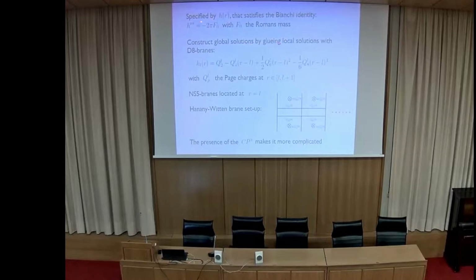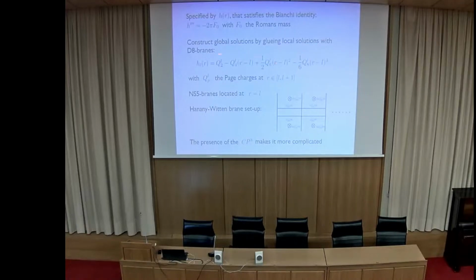Then h, which has three remaining parameters to be fixed, we can fix these constants in terms of the quantized charges of the D2, D4, and D6 branes that are also in the background. I didn't show the explicit expressions, but you can immediately relate the expressions of these fluxes to these quantized charges.